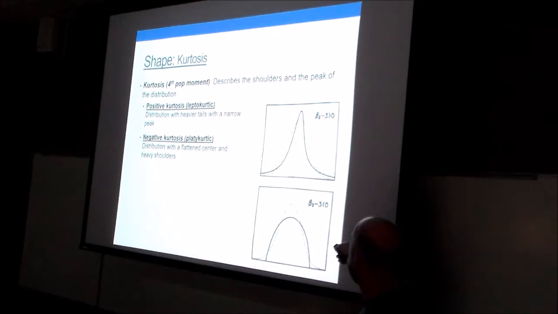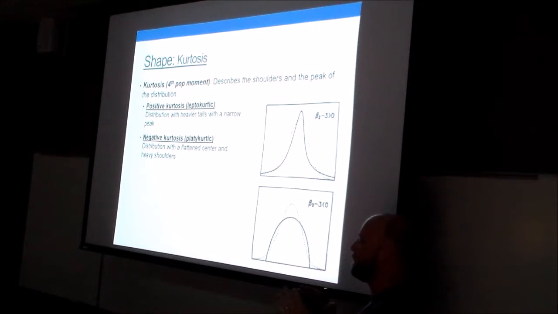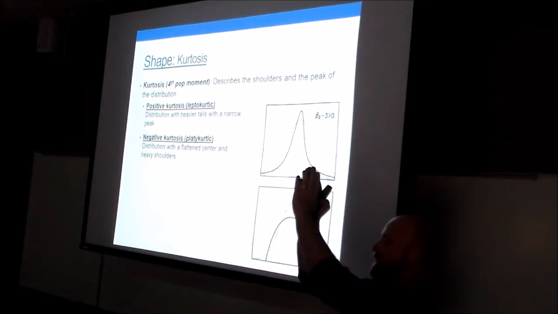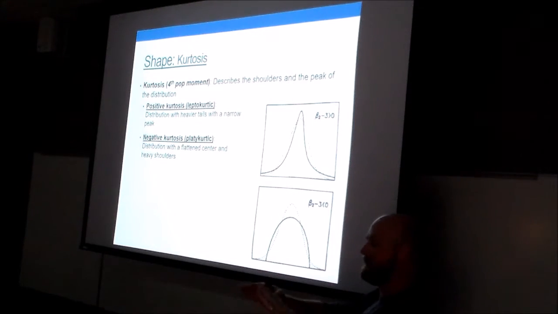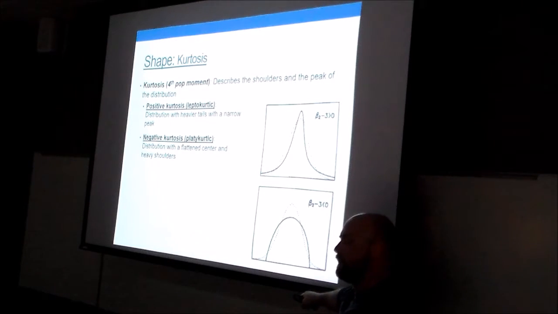This dotted line is an approximation of a normal distribution. Our distribution with positive kurtosis has a thin peak that sticks up, comes down pretty steep, and we end up with thick tails that continue out, whereas our nice normal distribution comes down asymptotically to 0.